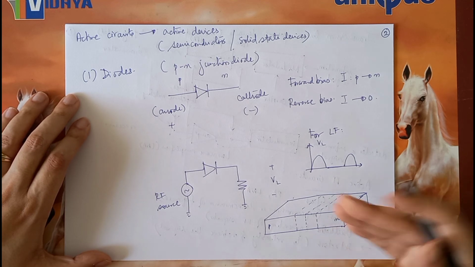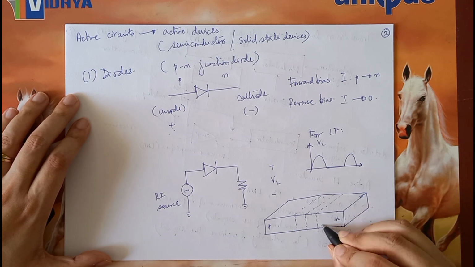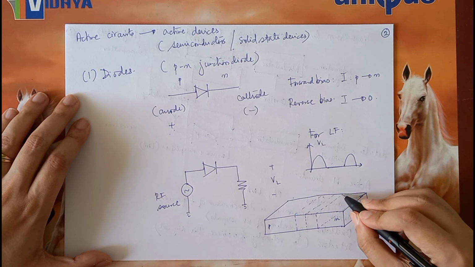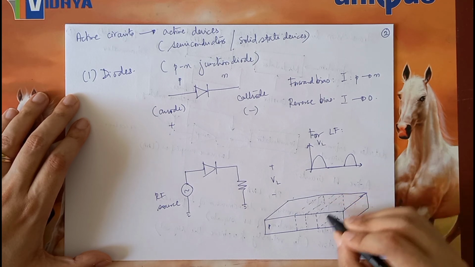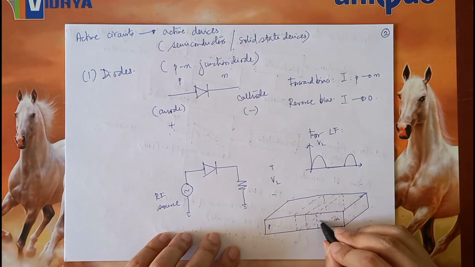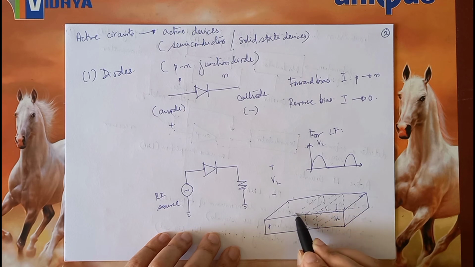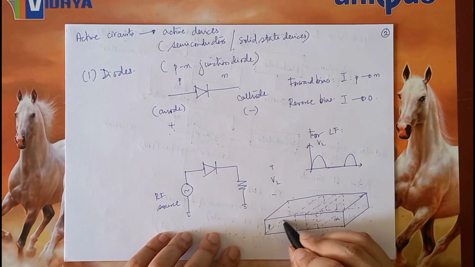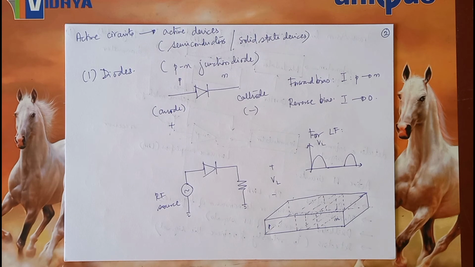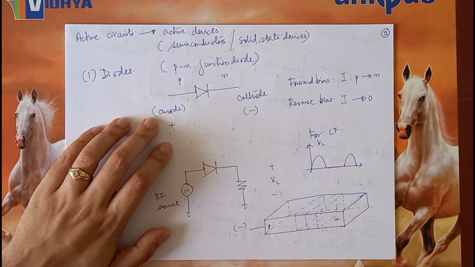So if you were to look at this junction as a transparent element, it would look something like this. If I put a negative voltage over here and a positive voltage over here, this is reverse bias.